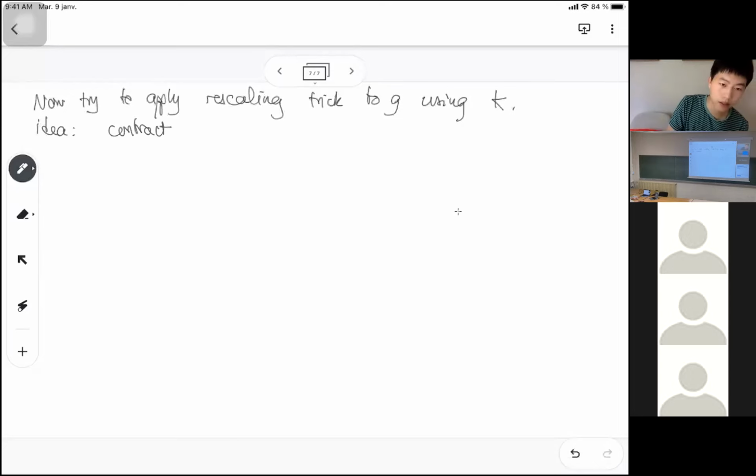First thing is the standard rescaling thing, which is rescaling the metric, contracting the metric in the direction of your vector field.